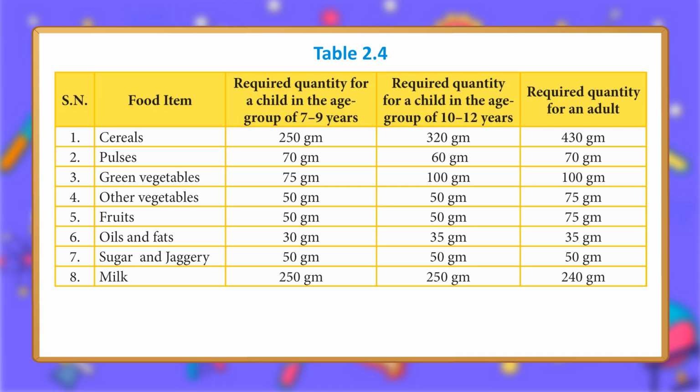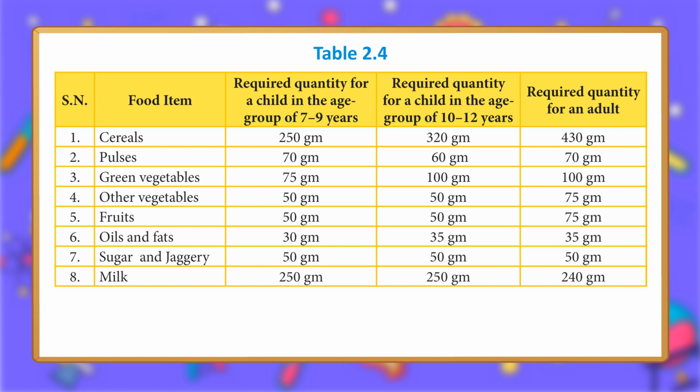Cereals: 250 grams, 320 grams, 430 grams. Pulses: 70 grams, 60 grams, 70 grams. Green vegetables: 75 grams, 100 grams, 100 grams.